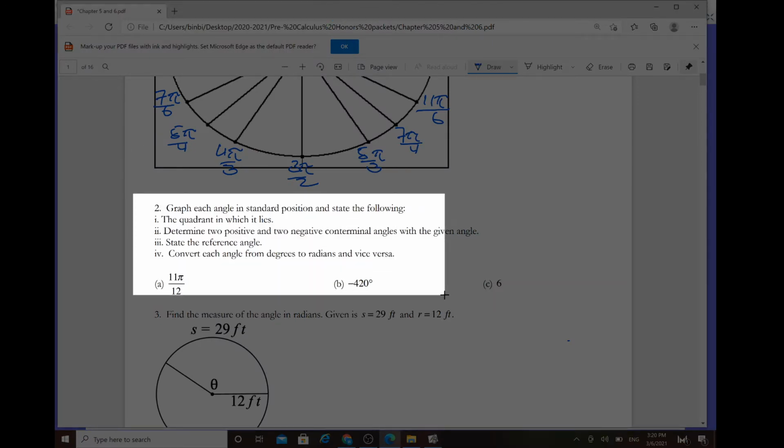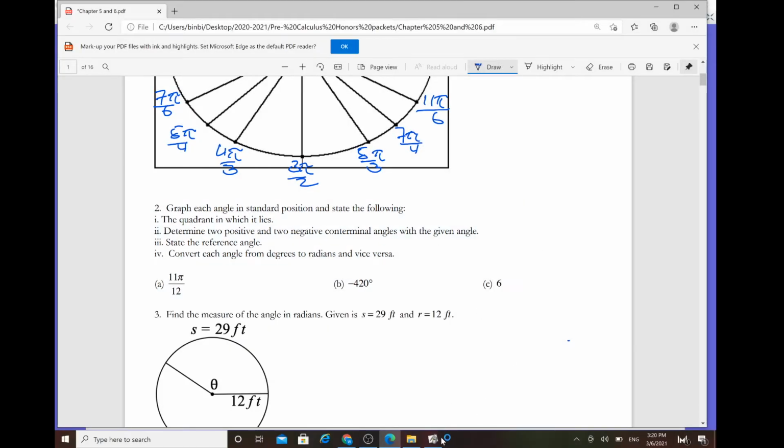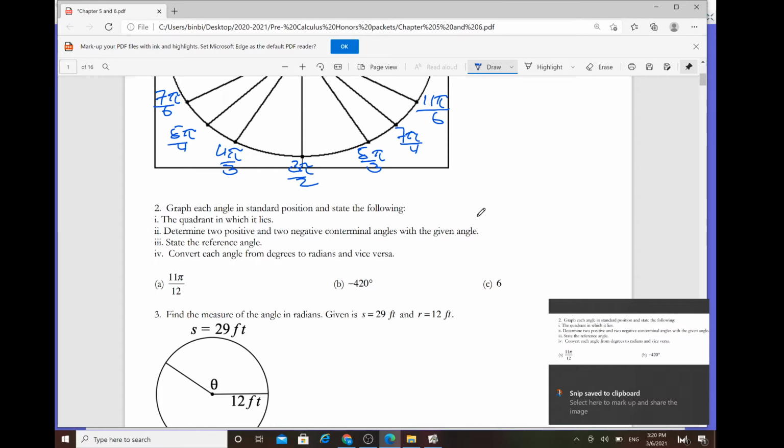Okay, so we're doing number 2a and b. I'm going to a new page. Maybe this one has a little bit low battery, so let me just plug in the power cord.